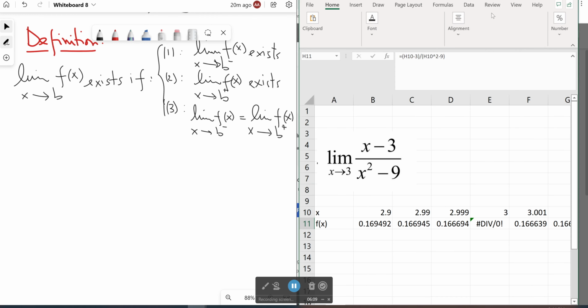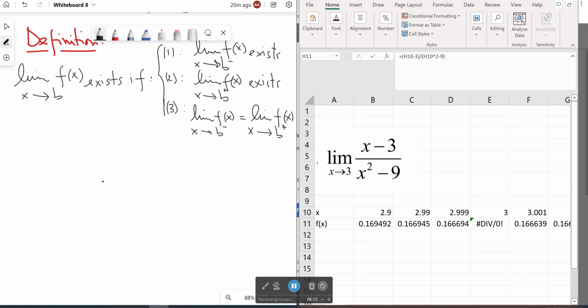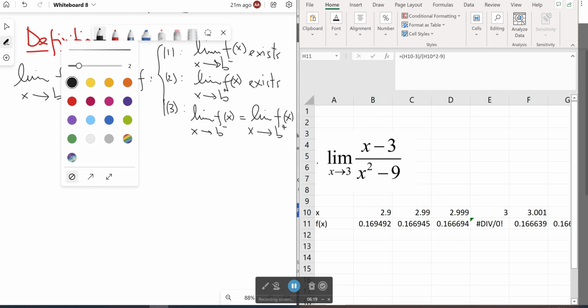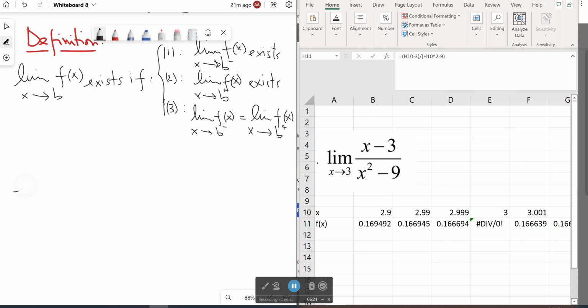So at this point, we are ready to conclude that the left limit of f of x as x approaches 3 from the left, again we write here, was 0.17.